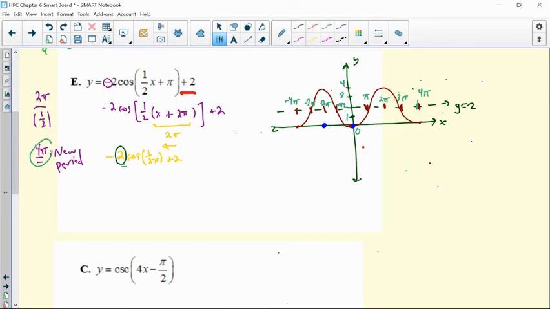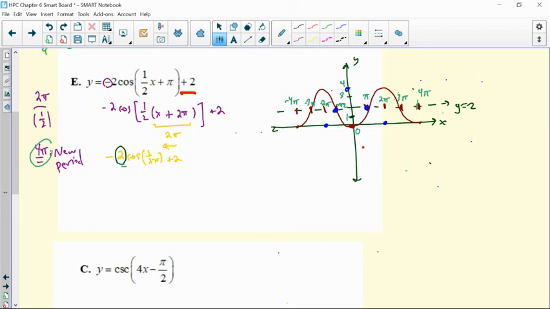Everything's going to be shifted to the left. So that starts now here. And then this intercept is now here. And this height is now here. And the equilibrium is now back here. And the lower part is now there.